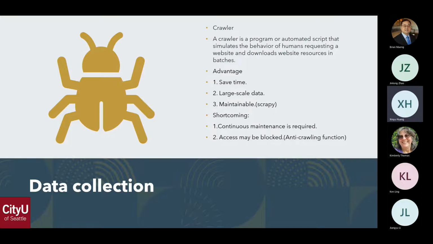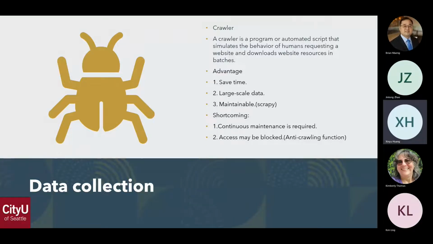Its advantages are, the first is saving time, the second is large-scale data, and the third is maintainable, and just Scrapy. Scrapy is that changes to the website can be accommodated by adjusting the scraper slightly, the way to host a spider. The shortcoming is that continuous maintenance is required.